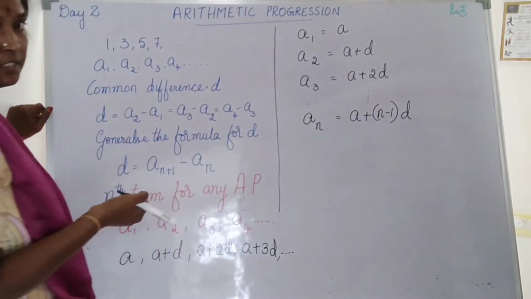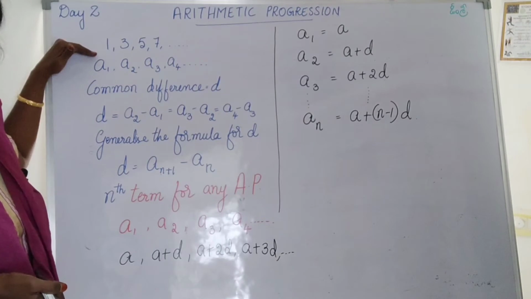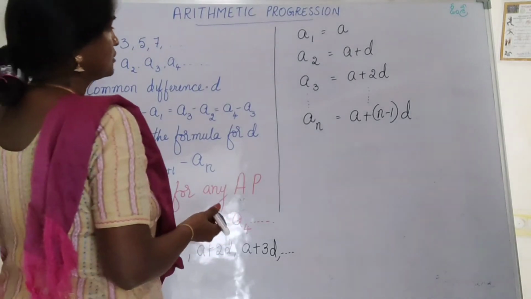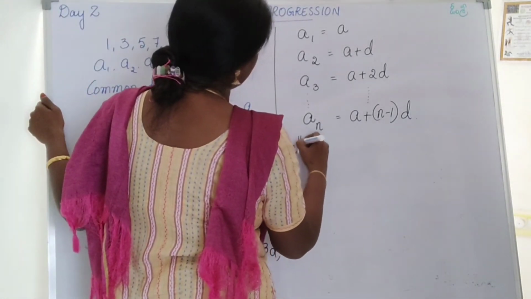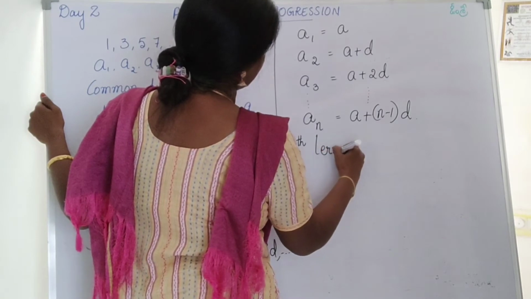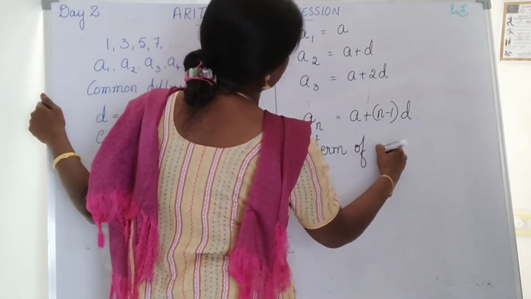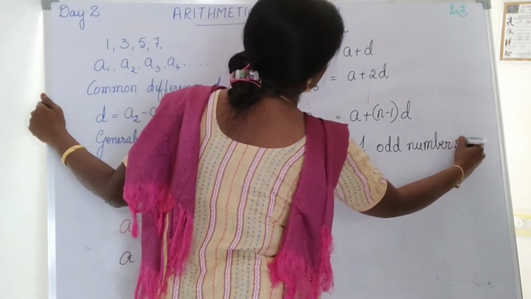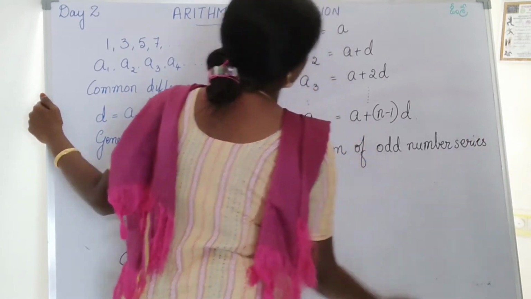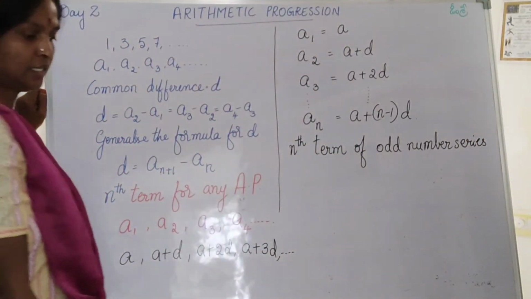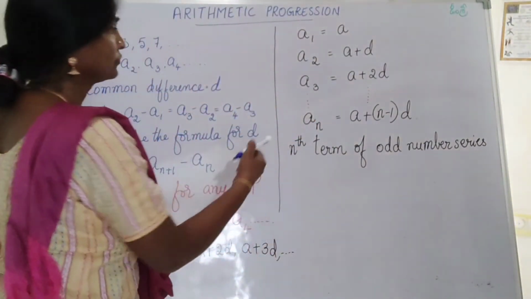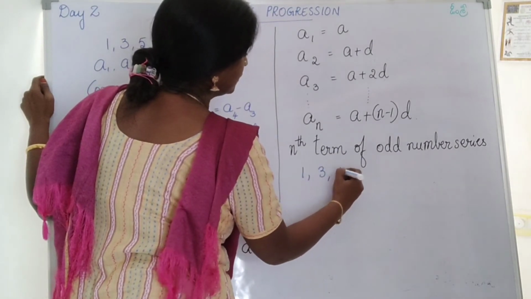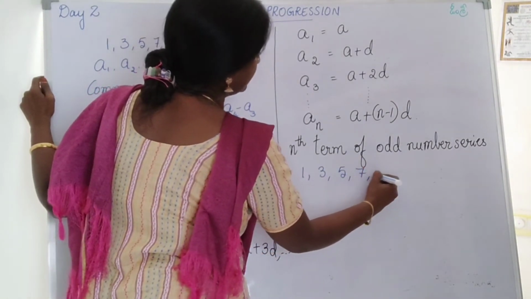So let's consider the same series of odd numbers and find the nth term of odd numbers. The nth term of the odd number series can be written as 1, 3, 5, 7 and so on.